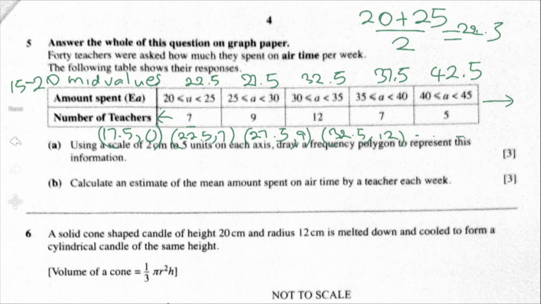Similarly, above 45, we say 45 plus 5, which is 50, meaning the group is 45 to 50, and our mid value there gives the coordinate 47.5 comma 0. Note that we have to add those two coordinates for our graph to start on the x-axis. Now we can have a look at the resulting graph.